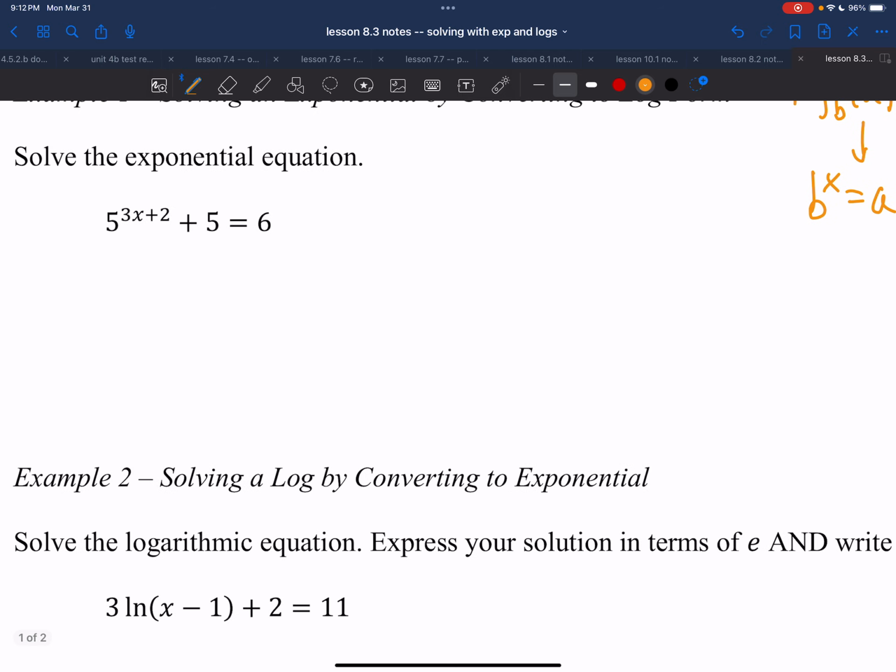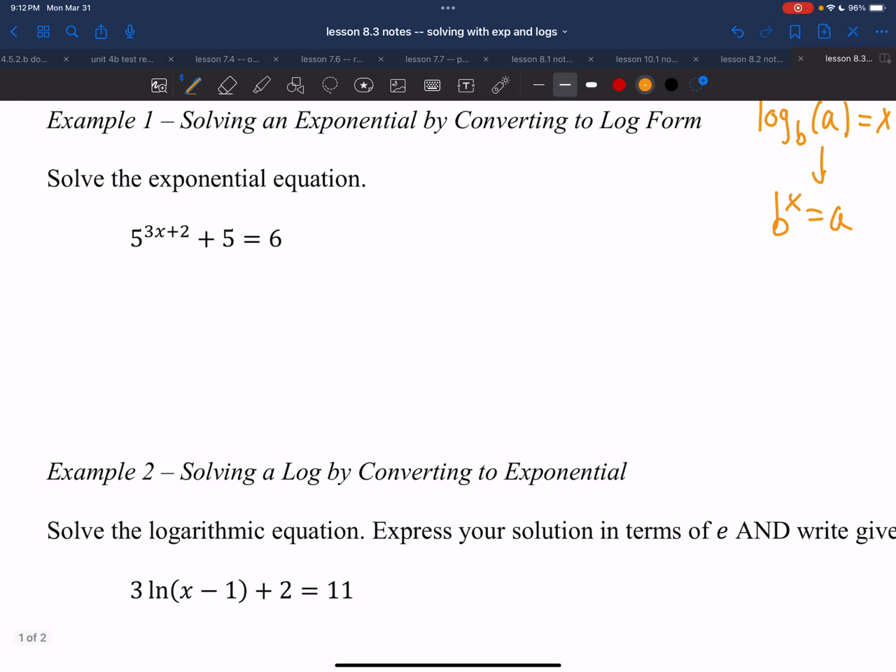Okay? So we have 5 to the 3x plus 2 plus 5 is 6. First thing we're going to do, as I said, is isolate the exponential. So this exponential term needs to be alone. We will start by subtracting 5. Of course, 6 minus 5 is 1.